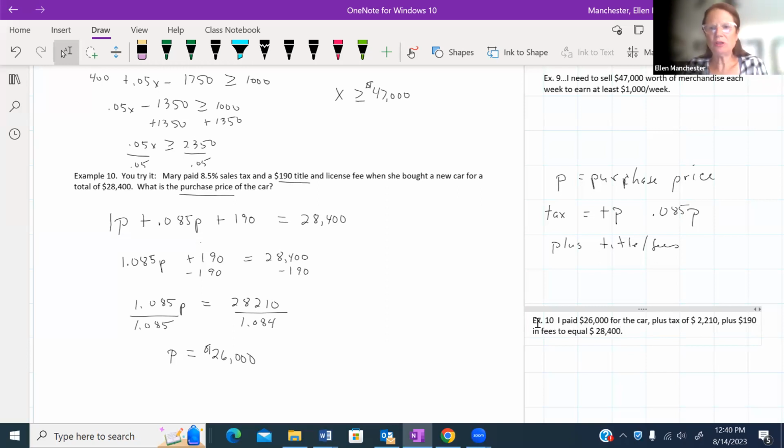Now, if you aren't sure, add it all up. Do 26,000 plus 2210 plus 190, and there's your 28,400.